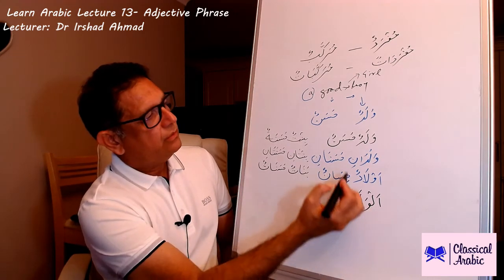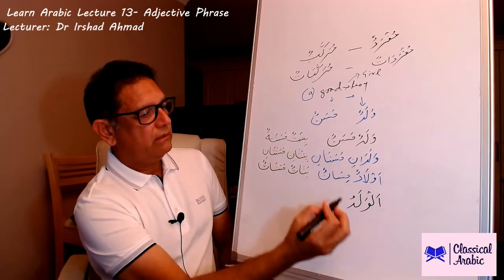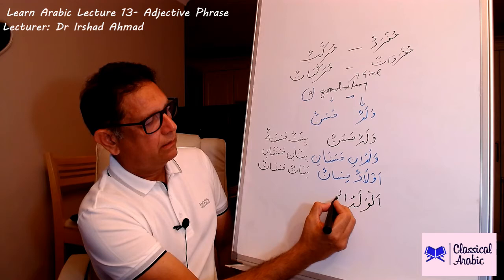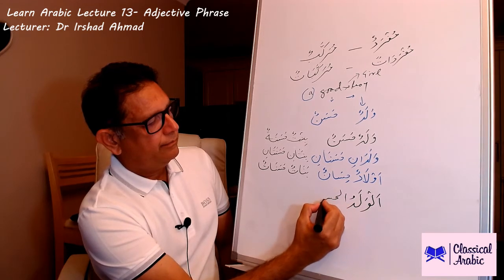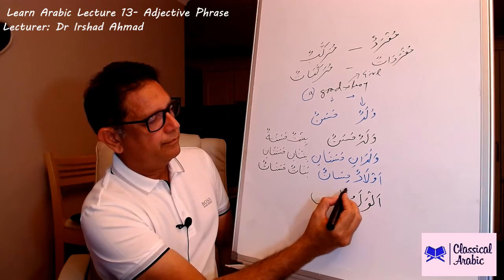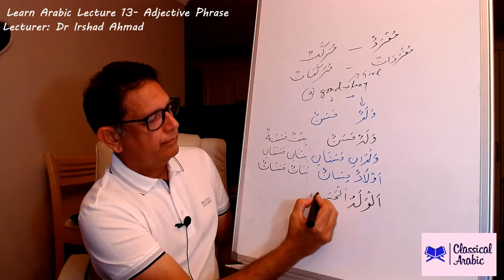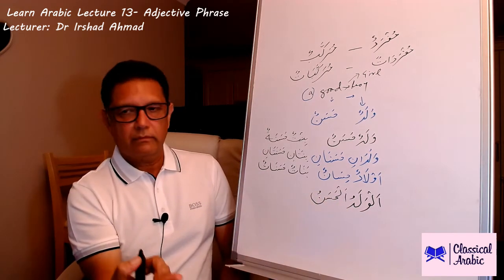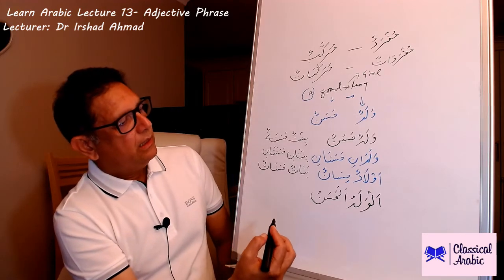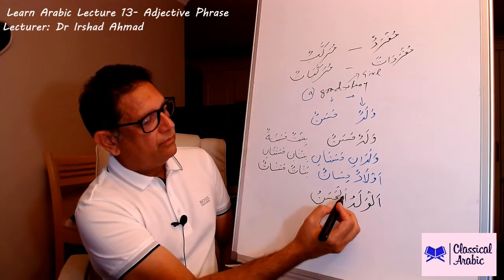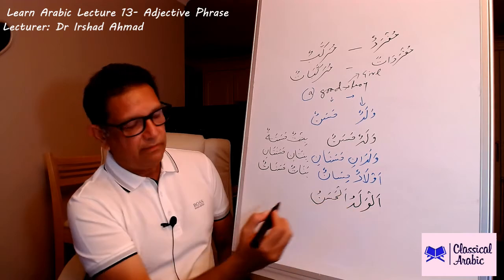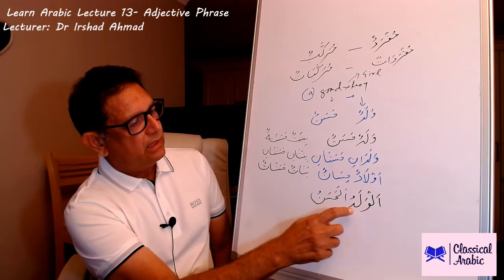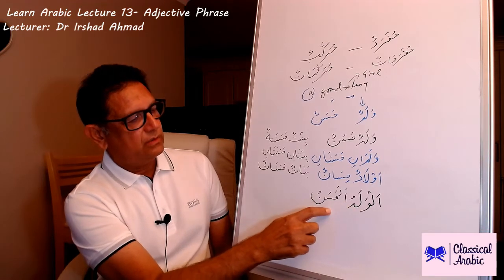Al waladu, and that will have to follow now. That will become al hasanu. So al waladu, al hasanu, the good boy. But we know that this hamza of al is hamzatul wasl. So we don't really say al waladu, al hasanu.